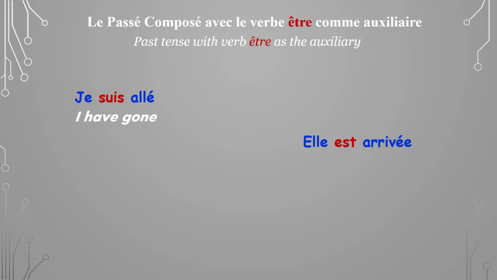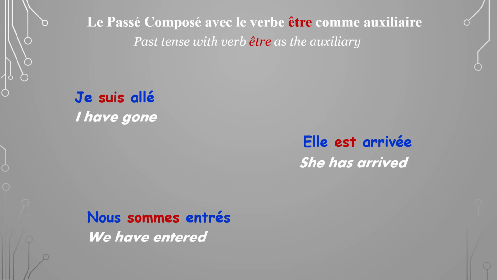Verb être in the present tense, arriver, which means to arrive, in the past participle. Nous sommes entrés. Again, verb être in the present tense, entrer, which means to enter, in the past participle.